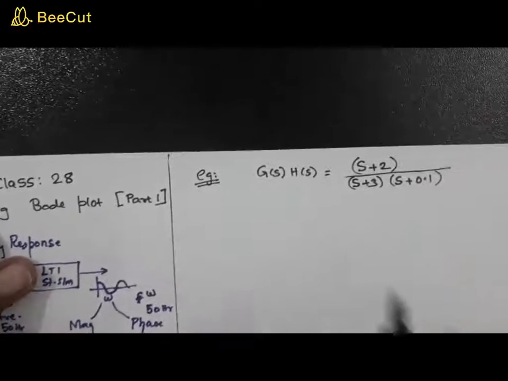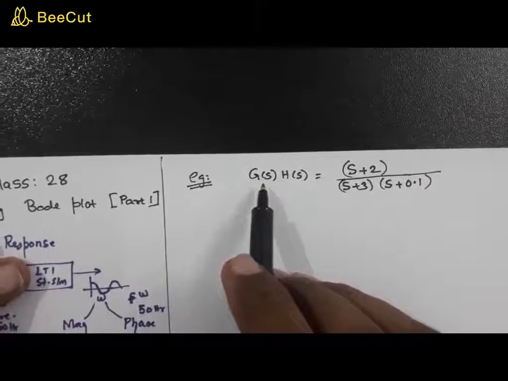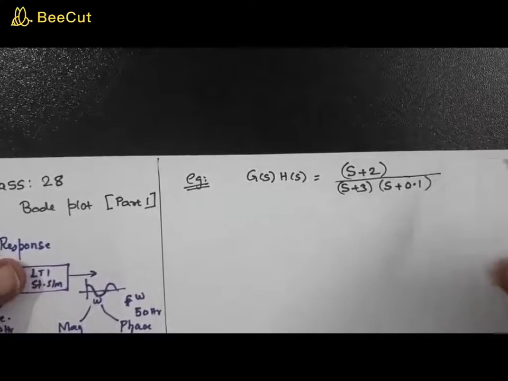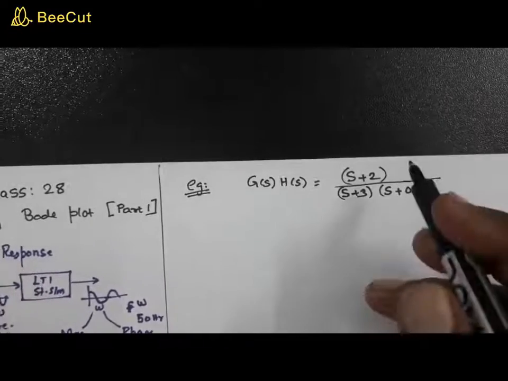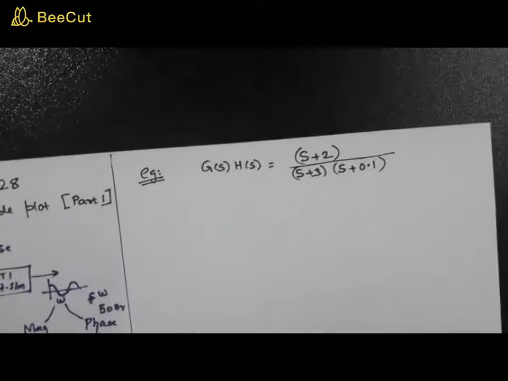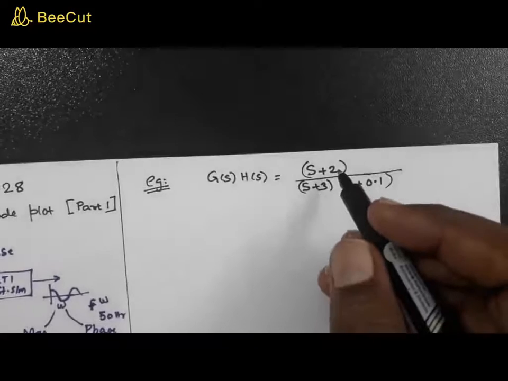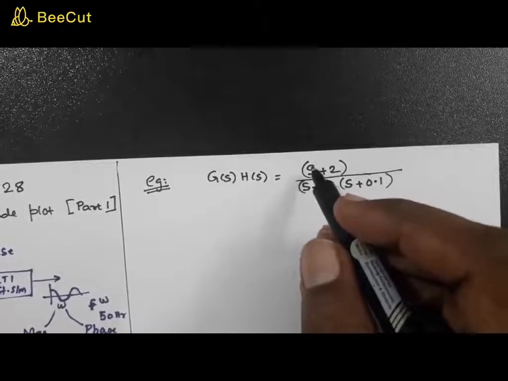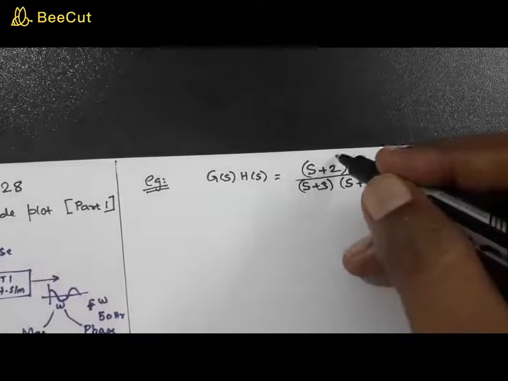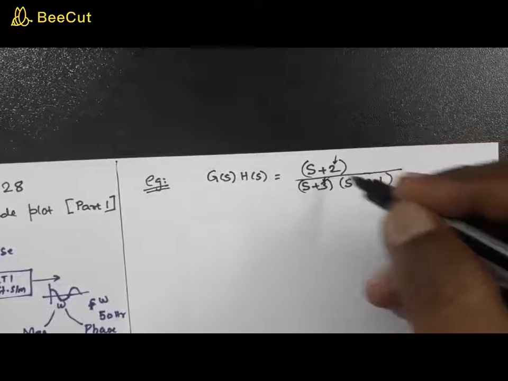Now suppose you have been given an open loop transfer function like this. This is an open loop transfer function of a closed loop system. If you want to get this in the Bode form, before putting s equal to j omega, it will be nice if you bring all these constants outside.